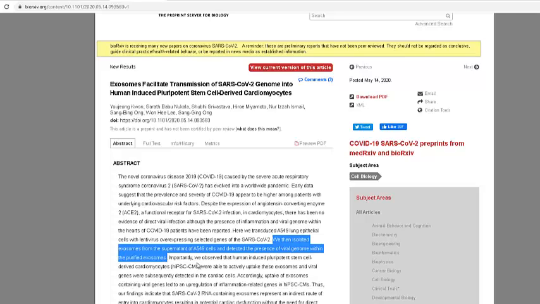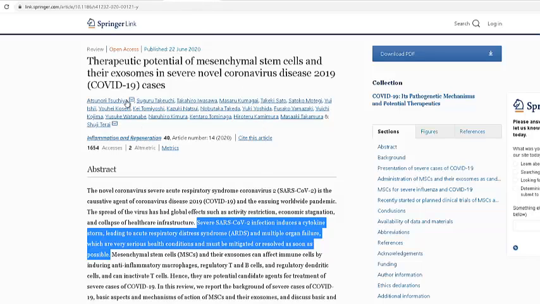So these are released by people or hosts. I would encourage you guys to read some of these and what's being done with these types of exosomes. For example, there's a lot of therapeutic potential, not just for this, but other things too. But you can see, that's what this does.